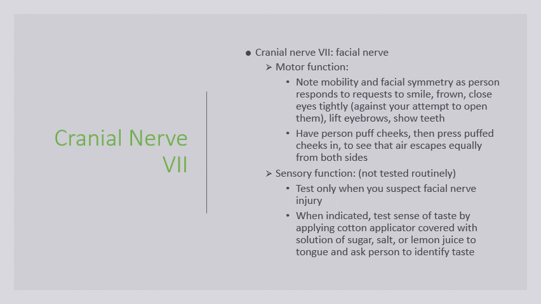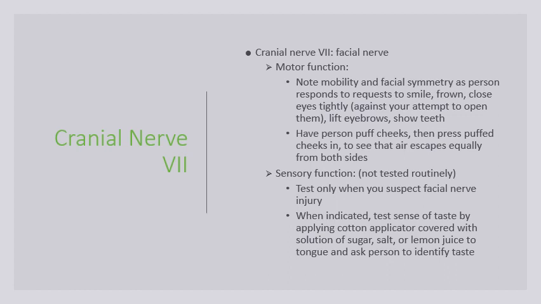The other thing that you can do is have the person puff their cheeks out full of air with their lips pursed together. And then you can push on their cheeks to see that the air escapes equally from both sides. But the inability to hold air and puff cheeks would be a problem with cranial nerve 7.